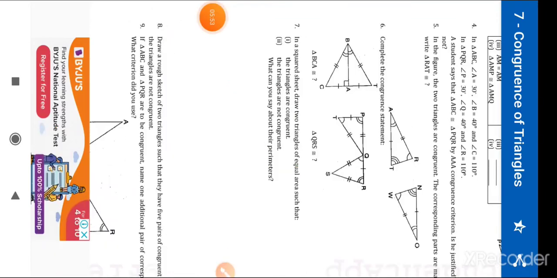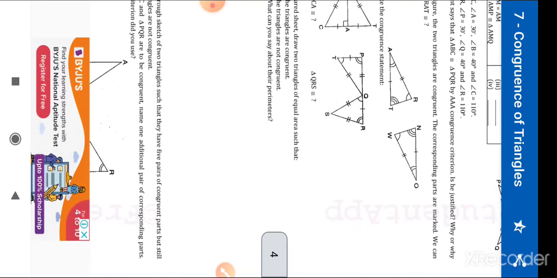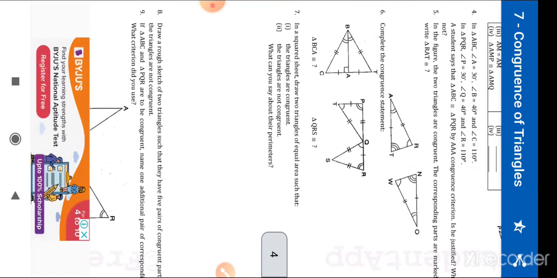Question number 5 is, in the figure, the two triangles are congruent, and the corresponding parts are marked. We can write triangle ART is congruent to question mark.